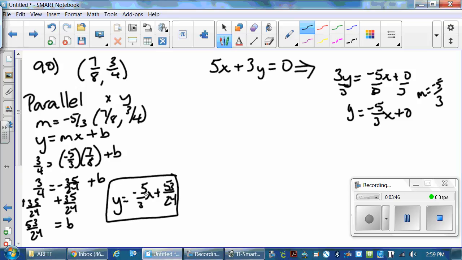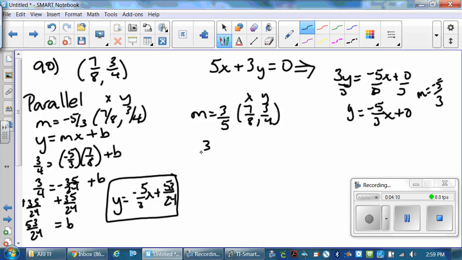I know it's parallel, it has the same slope, and it goes through this point. For perpendicular, I need to take the slope of this line and write down the opposite reciprocal. So the perpendicular line will have a slope of 3/5. I'm going to use m as 3/5, and I'm still going to use 7/8 and 3/4 for my x and my y.